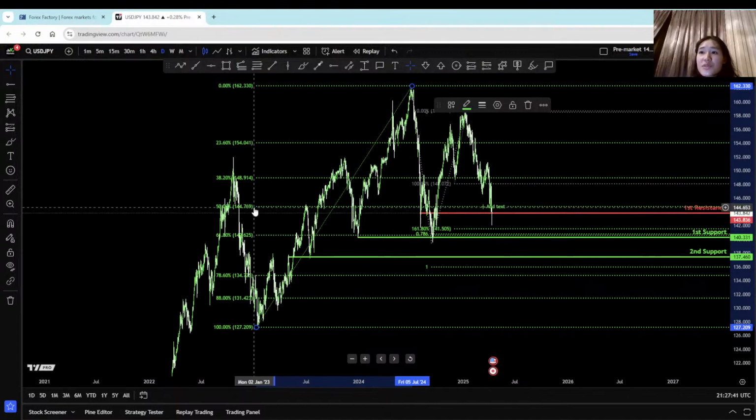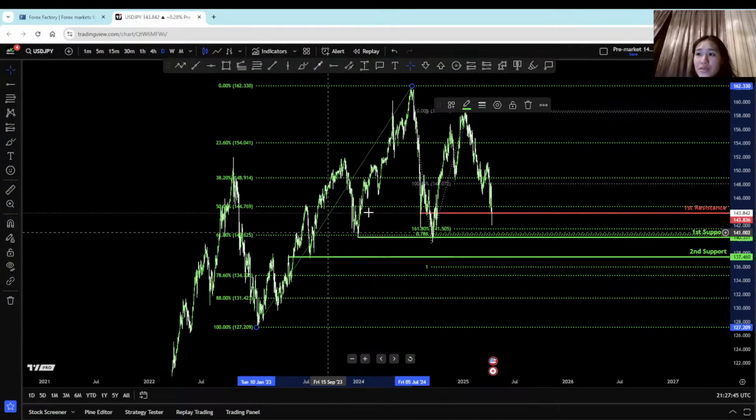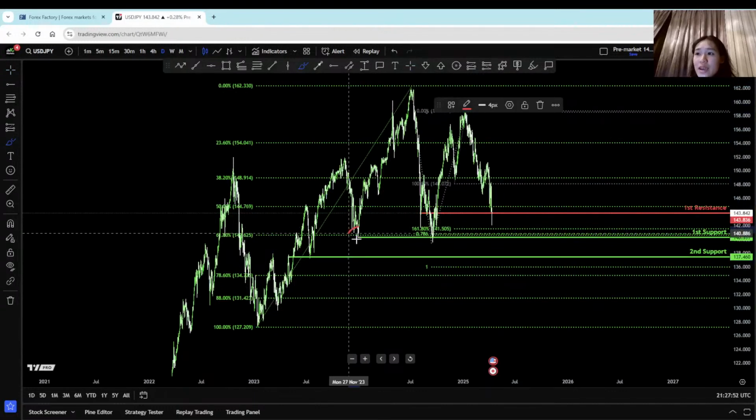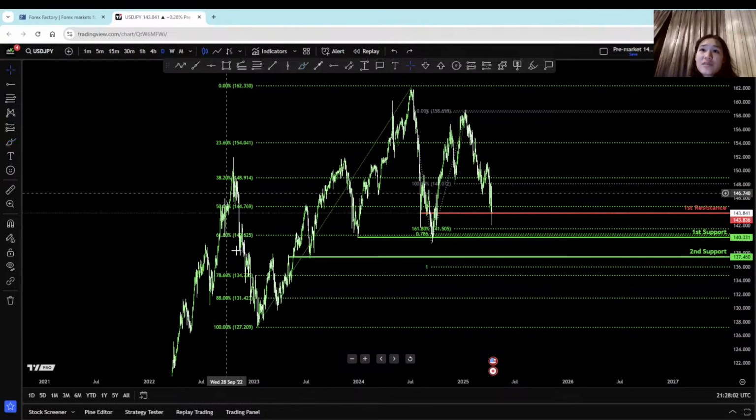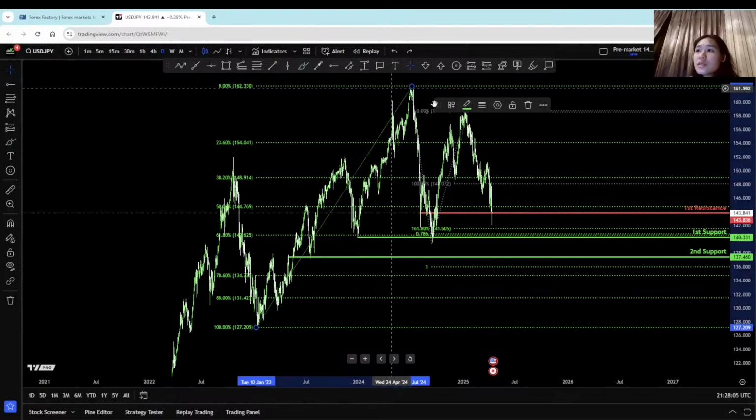Even though this 50% does line up with our first resistance, but price, you can see, is already broken out of that level, so we can't use that anymore. Whereas if you look at the 61, prices have rebounded off it twice before. So this is quite a big support level since prices have tested this level in the past. Okay.